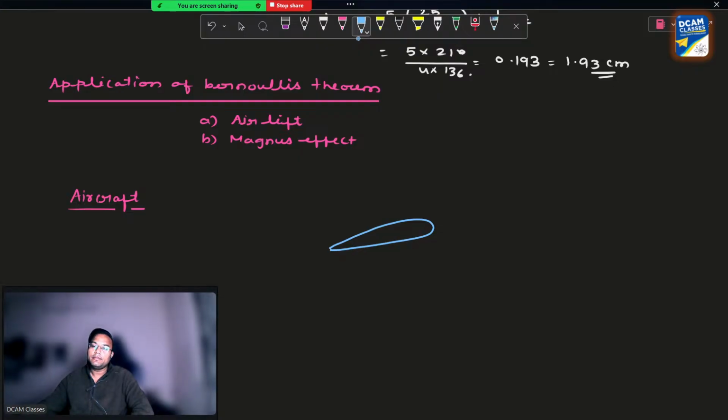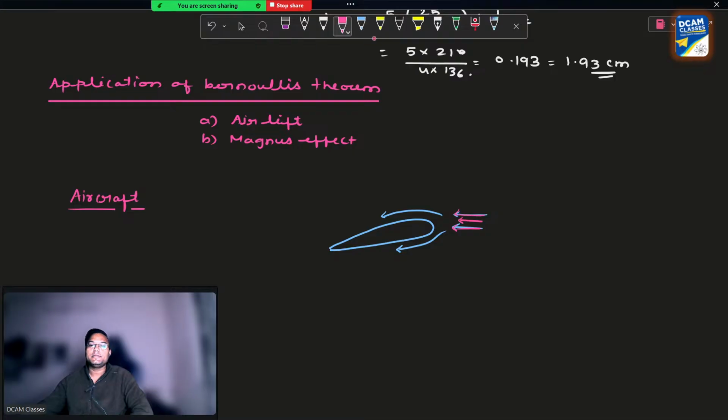What's the use of them? Air will be coming from this side and it will be flowing through the upper part and the lower part, with the same velocity. And the propeller, the fan, actually sucks in the air.